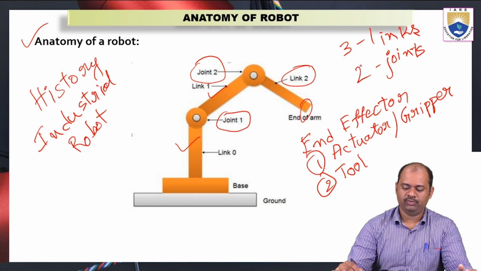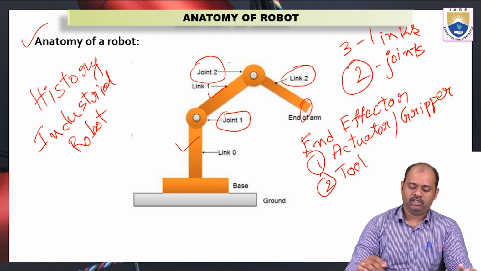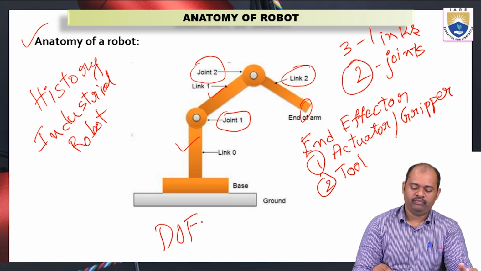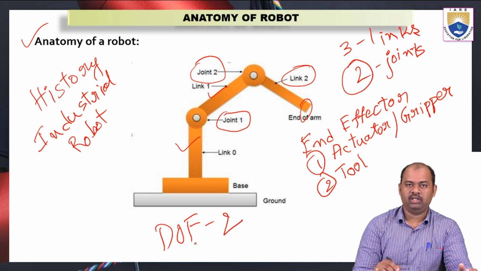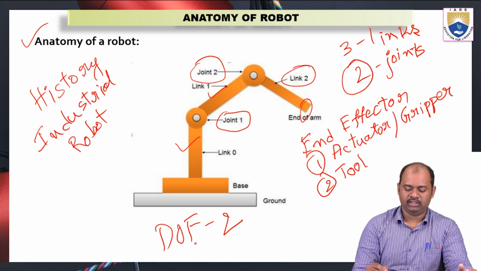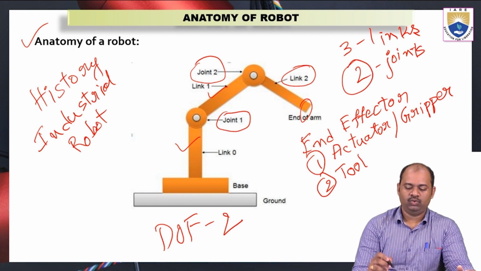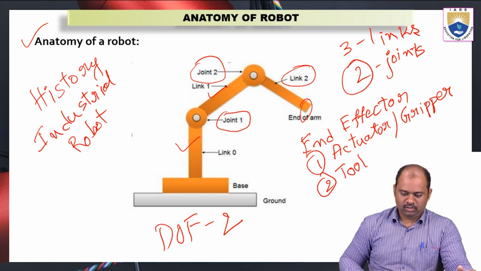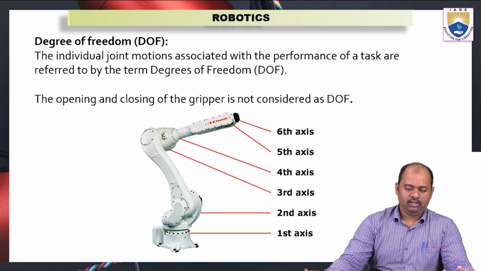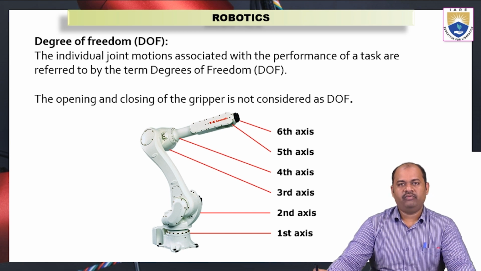Here the number of joints is 2, so that is why the degrees of freedom of this robot is 2. We will see what degrees of freedom is in the next slides. So this is all about the anatomy of the robot. Now we will go to the next slide and see what the degree of freedom is.